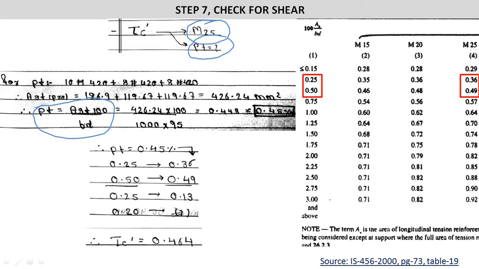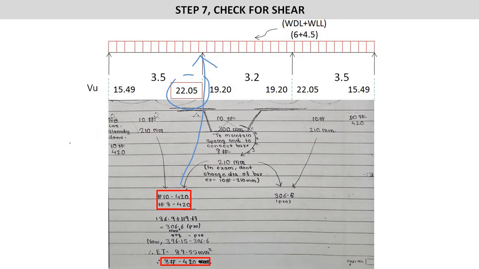The value that remains unknown is the area of steel, so we first have to find the area of steel. We know that at this support we have provided 10 diameter bar at 420 center to center, 8 diameter bar at 420 center to center, and 8 diameter bar at 420 center to center.